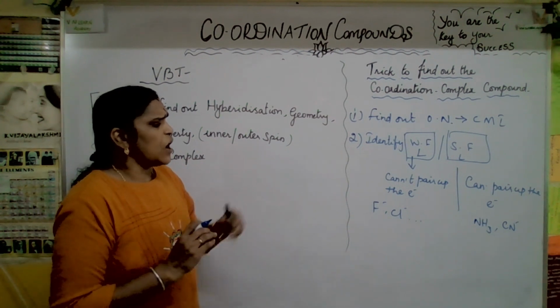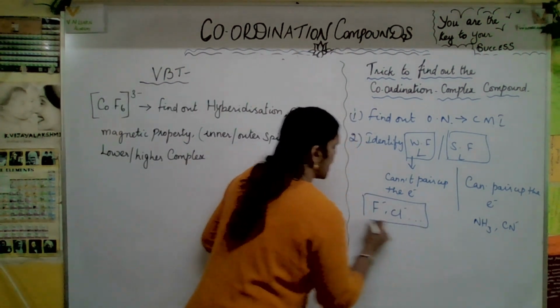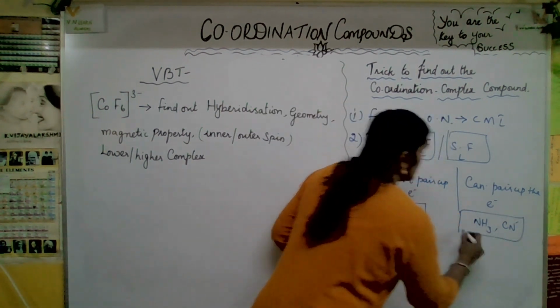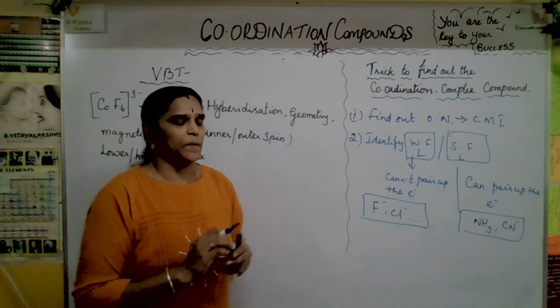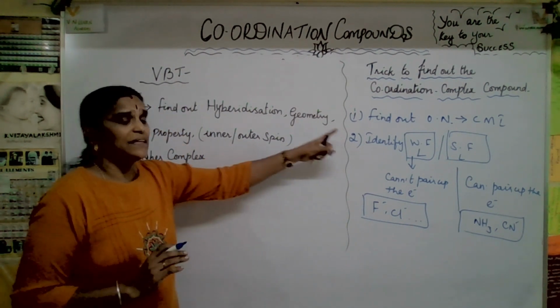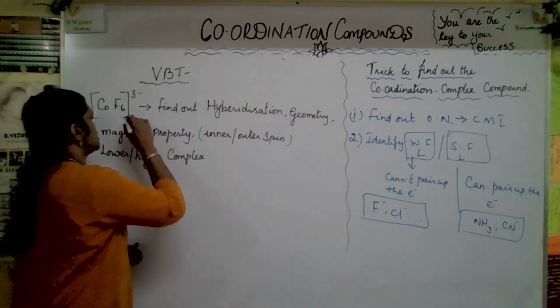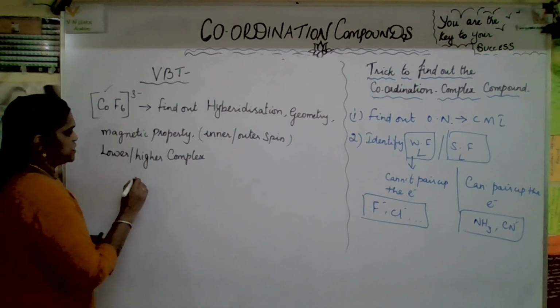Okay, now the purpose of what I mentioned, can pair up or cannot pair up, is in the electronic configuration of the atomic orbitals. Now let us go and identify with these points. First and foremost, you have to find out the oxidation number.